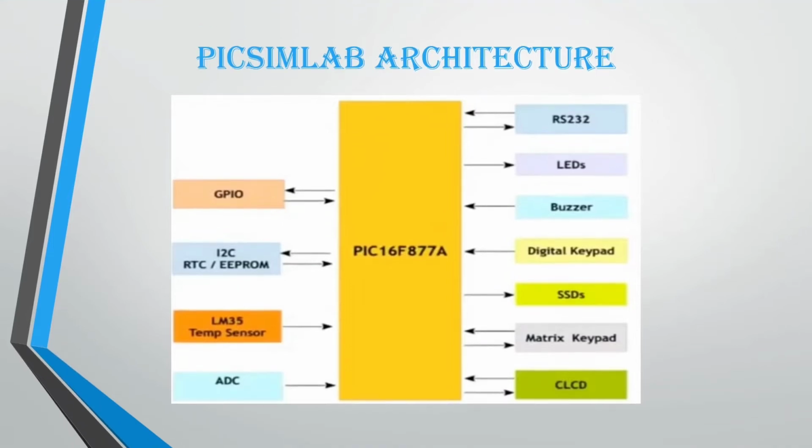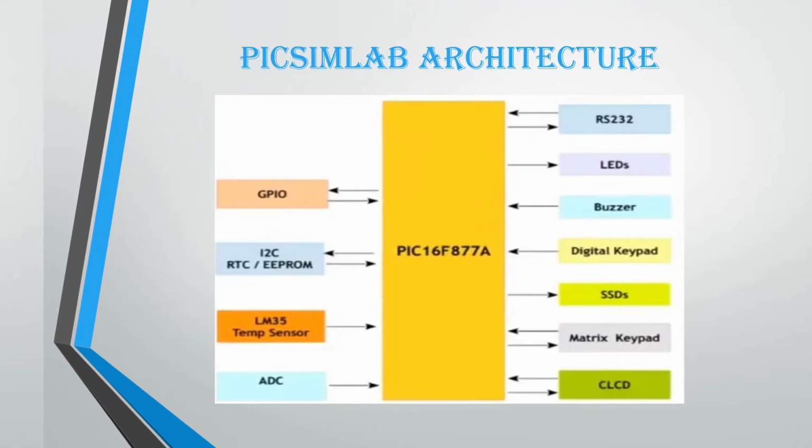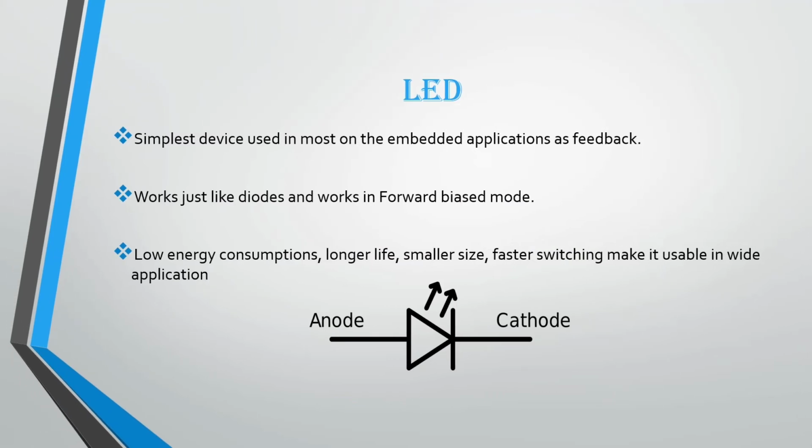This is Pixim Lab architecture. 16F877A is a microcontroller and LED, buzzer, digital keypad, CLCD, ADC are input output devices. The basic peripheral of any microcontroller is LED. LED is the simplest device used in most of the embedded applications as feedback.